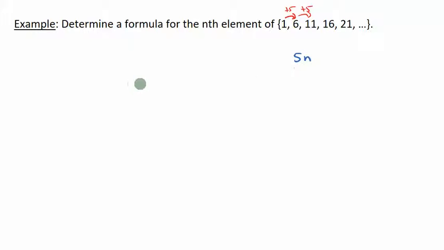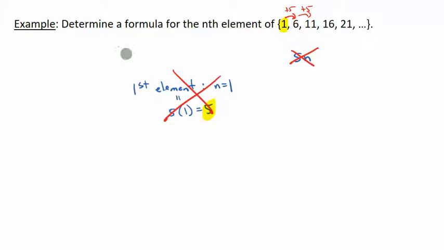But for our first element, according to that formula, we would say n equals 1, which means that the first element would be 5 times 1, which is 5. And the first element should be 5, but it's 1. It's not quite correct. Okay? So this is the incorrect formula, and we can see that here. But the spacing is still by 5s.